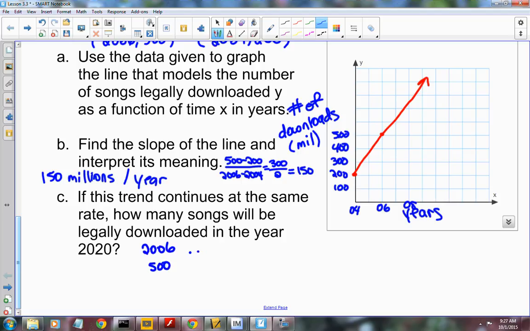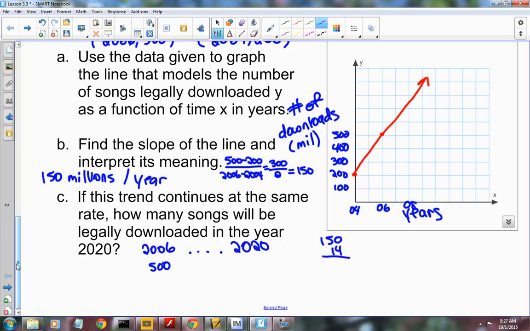We want to go to 2020, and we want to know approximately how many songs that would be if it's increasing at 150 million a year. So how many years would that be to 2020? 14. So 150 million times 14, what is that?